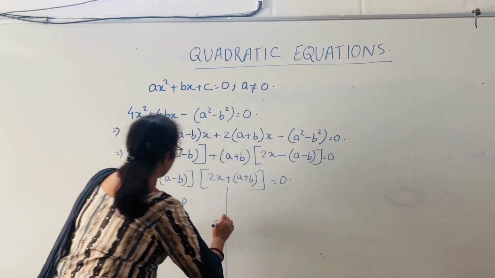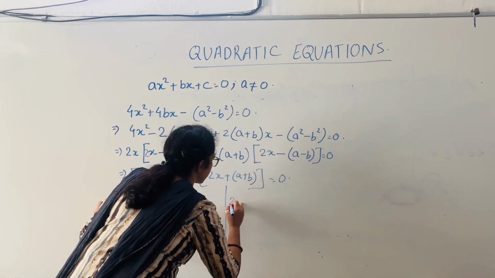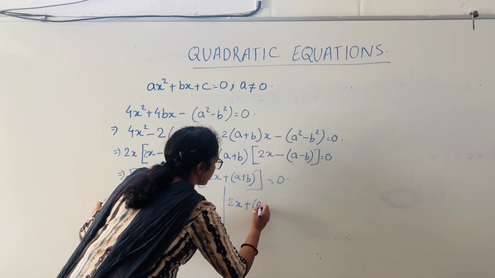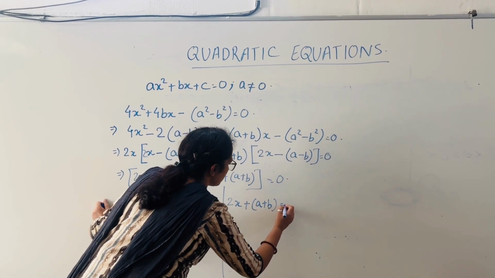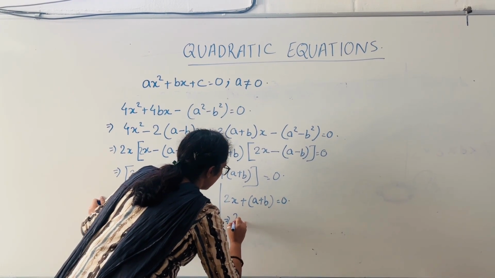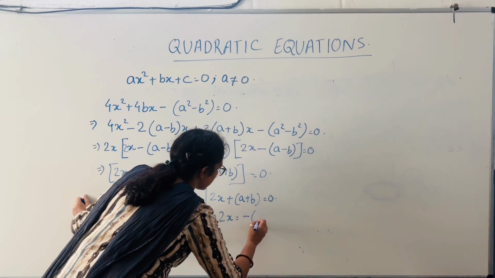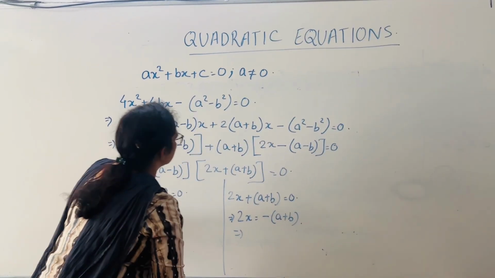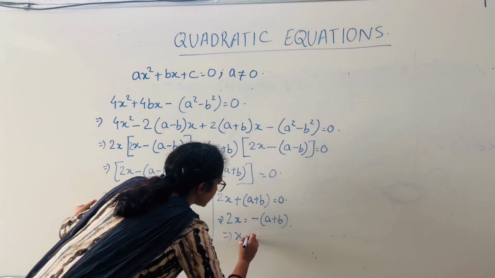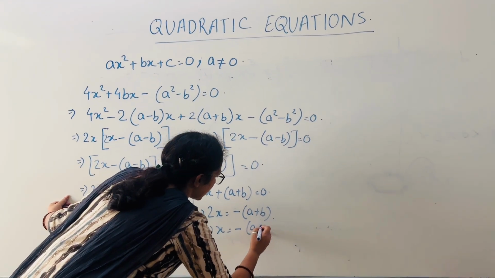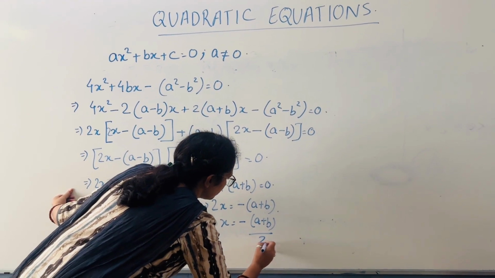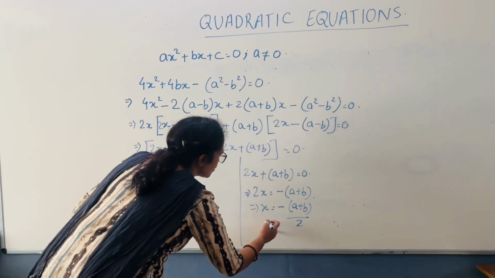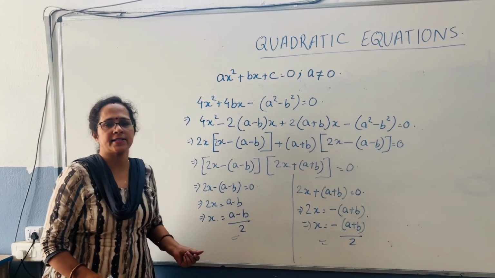Second case, whenever I take this as 0, 2x plus a plus b is equal to 0. Then we are getting 2x is equal to minus a minus b. Then x is equal to minus a minus b upon 2. So these are the two values of x.